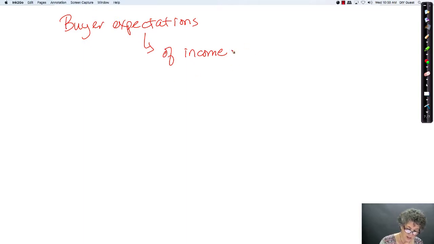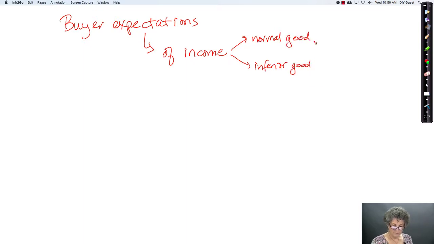So again, we have to think about normal versus inferior goods. And for a normal good, we're now going to get the same effects that we had with income. So for a normal good, an increase in income, I'm going to put an E here, watch.